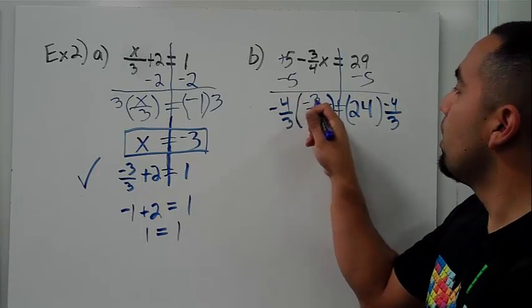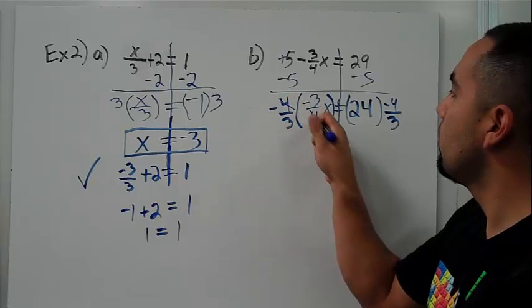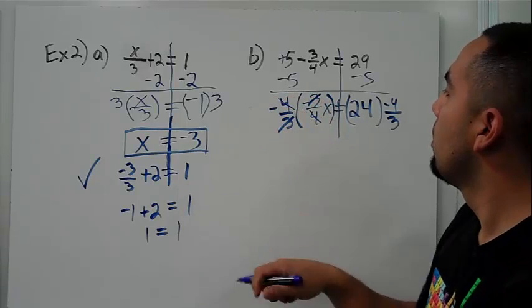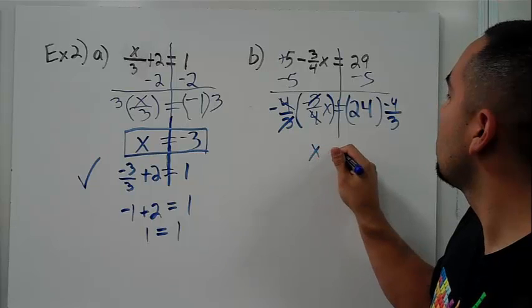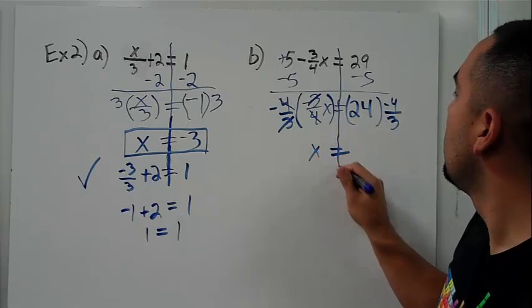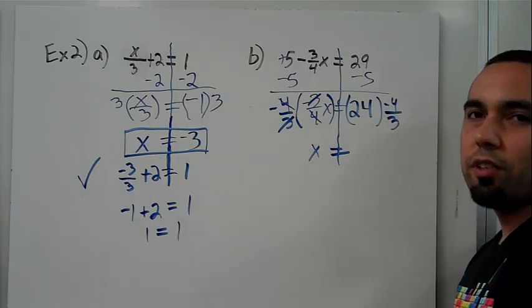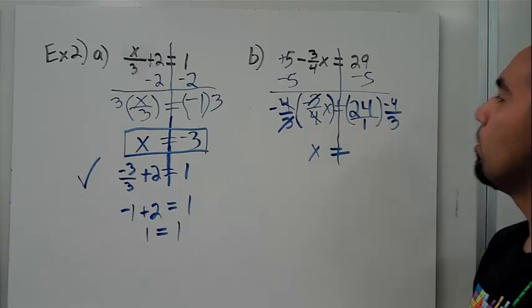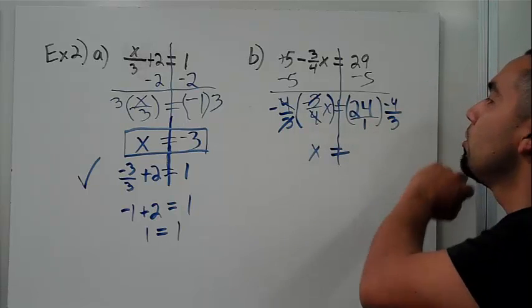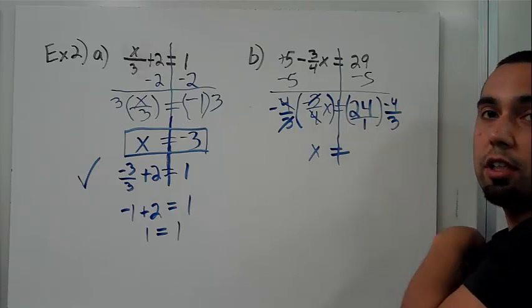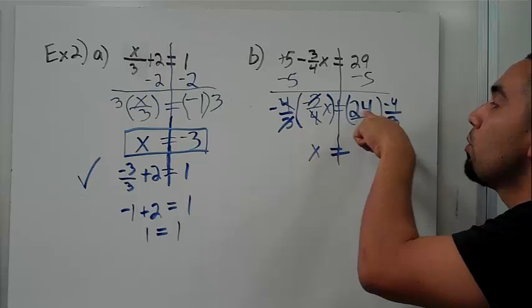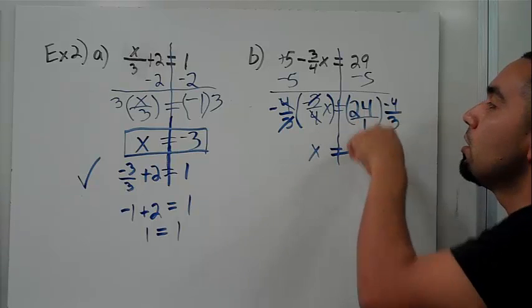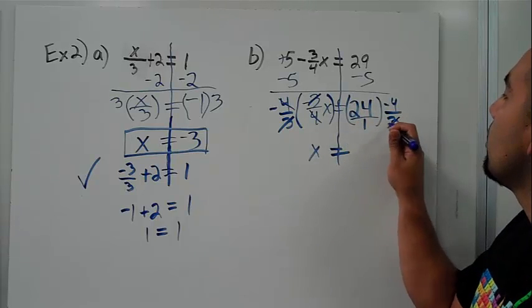So here, these cancel each other out. So I'm left with x equals, and now I have a whole number times a fraction. And this is kind of confusing, but again, I told you, you can always take your whole number, make it a fraction, and do your multiplication. Or you can cancel if you can. What I see is that 3 goes into 24, so I can cancel those.